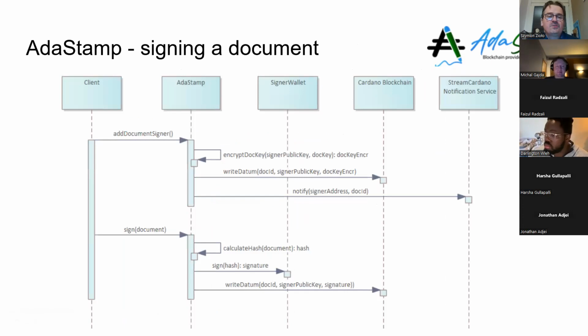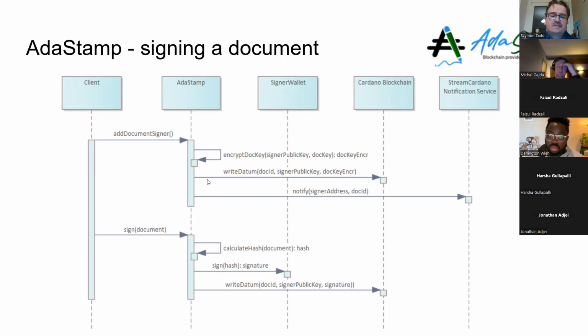The other diagram shows how the signature will be performed. First, the owner of the document will add the document signer. So he will ask AdaStamp to include the document signer as a person who has access to the document, because of course the document signer needs to get the document from the IPFS and decrypt it, so he needs to have access to the document.